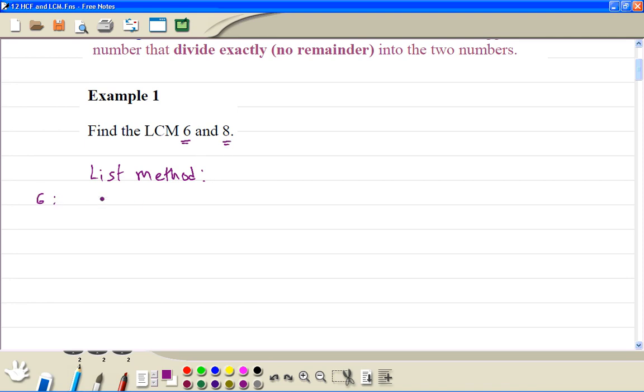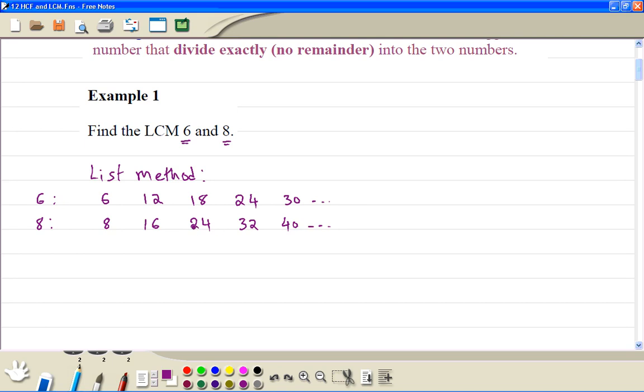So the multiples of 6 are 6, 12, 18, 24, 30 and so on. Then the multiples of 8, 8's times table: 8, 16, 24, 32, 40 and so on.